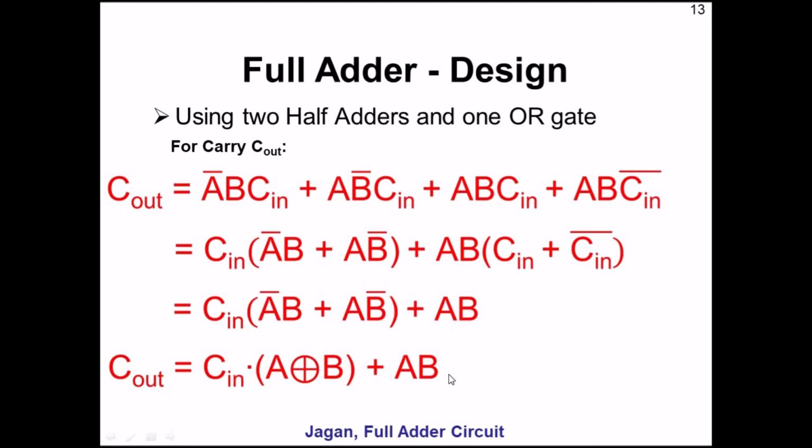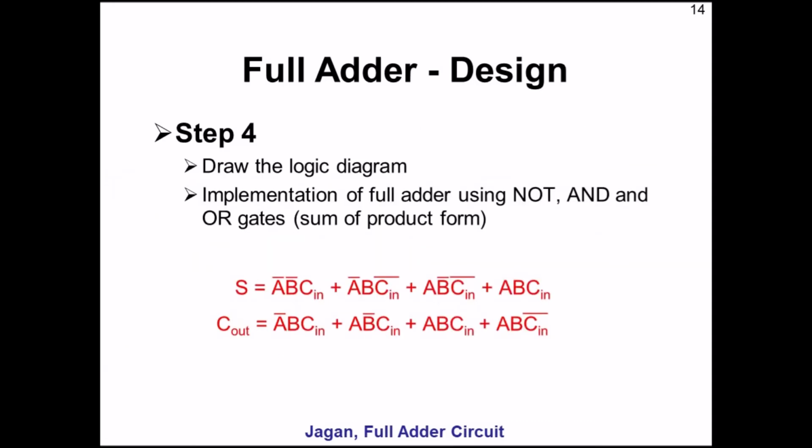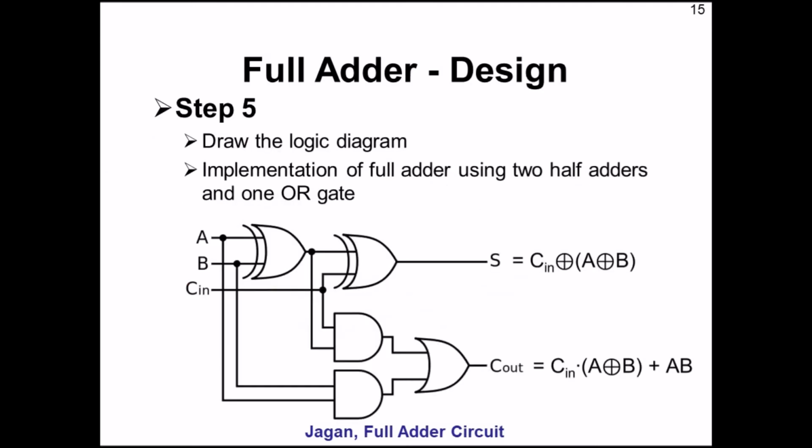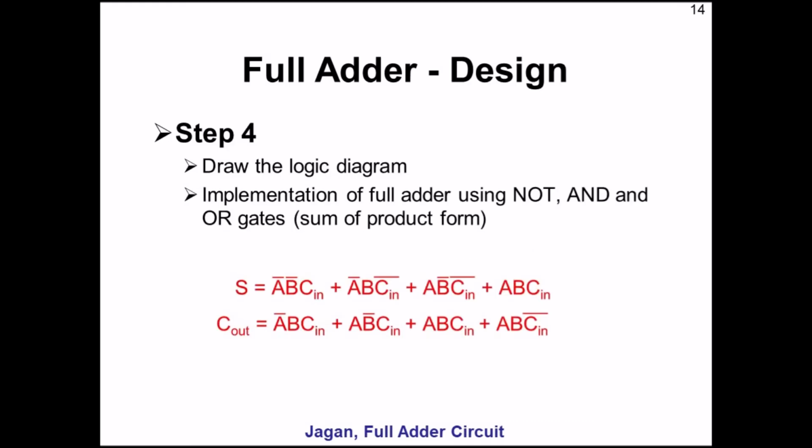So now we have two Boolean expressions, one using sum of product, another one using half adder circuit, right? Okay, so I am just going to draw this logic diagram, or I would prefer you to give it as a practice task: implementing the same full adder circuit using the sum of product form that we have obtained in the design process.